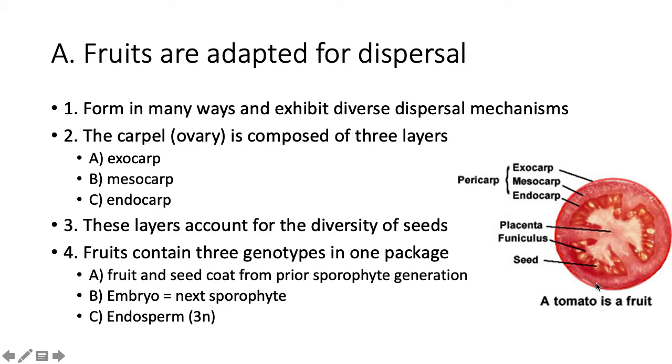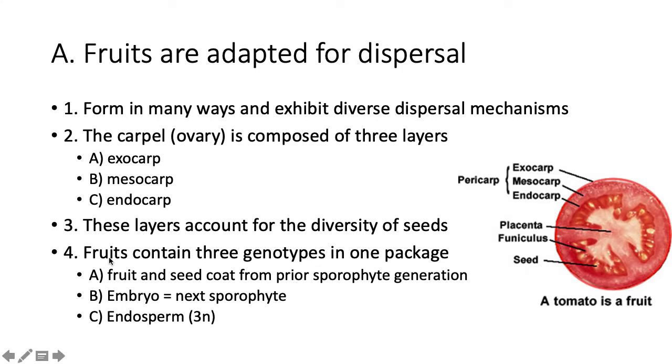Here, on the tomato, the skin is the exocarp, the fleshy part is the mesocarp, and the endocarp would be the lining inside of that fleshy area. These layers can vary in texture and thickness, leading to why some fruits are very diverse.